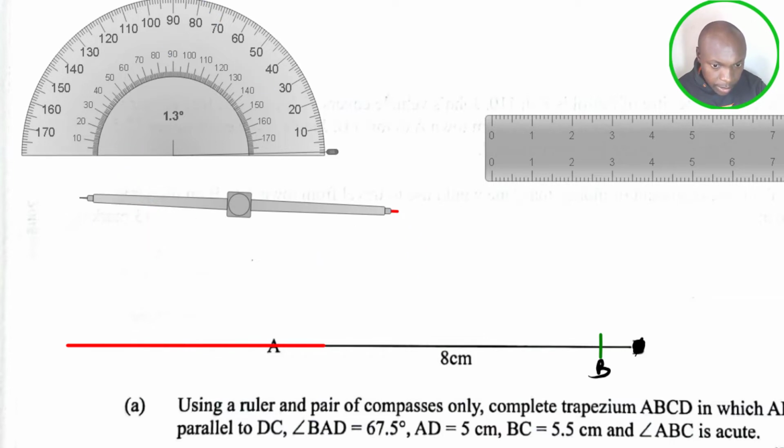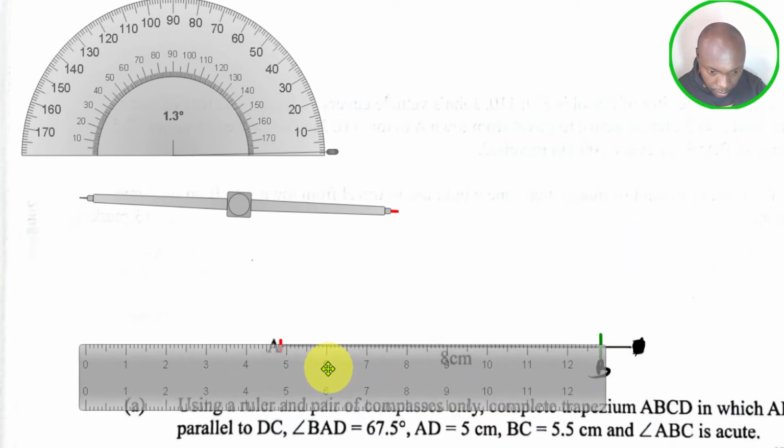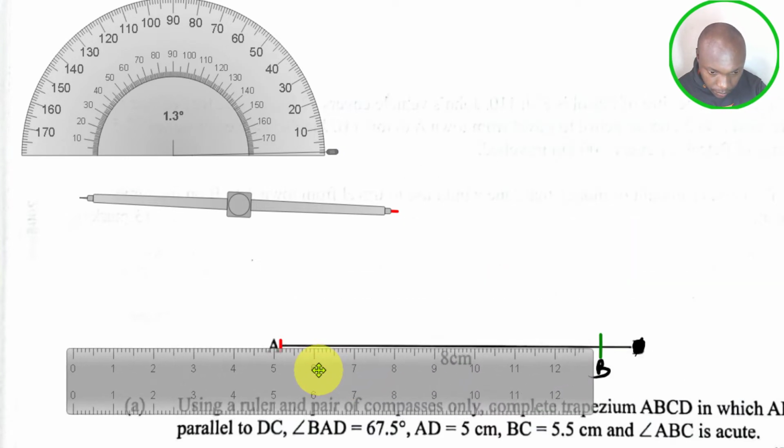Now let me go back a little bit so that I can know exactly where point A is. I have to mark that point A in order to avoid confusion. So A is there. So let me extend now that line.